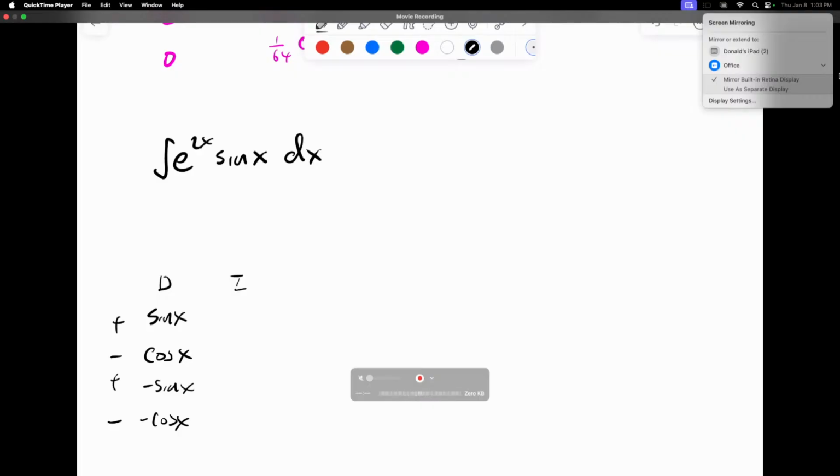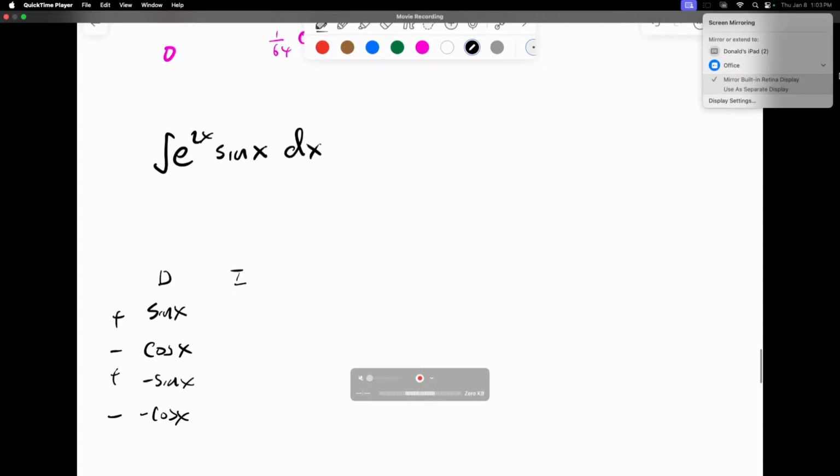Now I'm going to integrate e to the 2x. Be careful when you integrate e to the 2x. What's the integral of e to the 2x? E to the 2x over 2. So it's 1/2 e to the 2x.